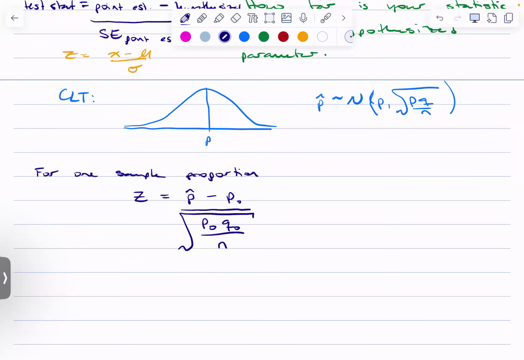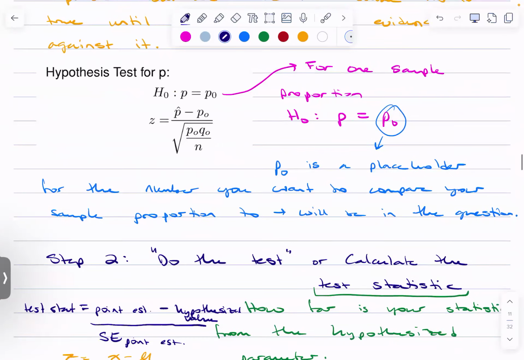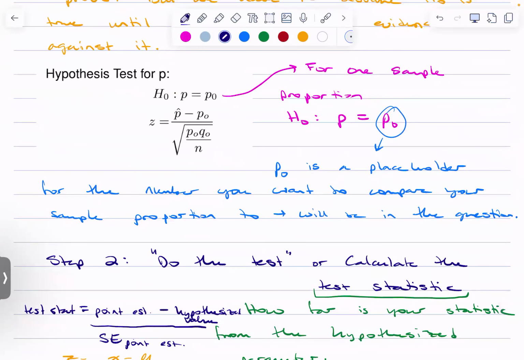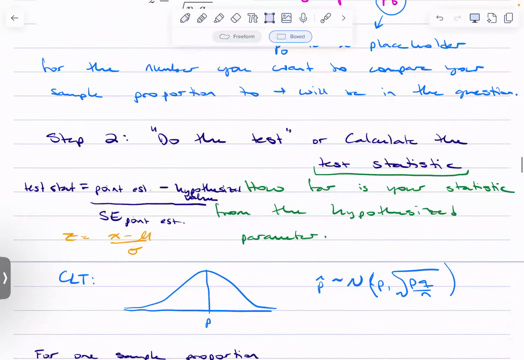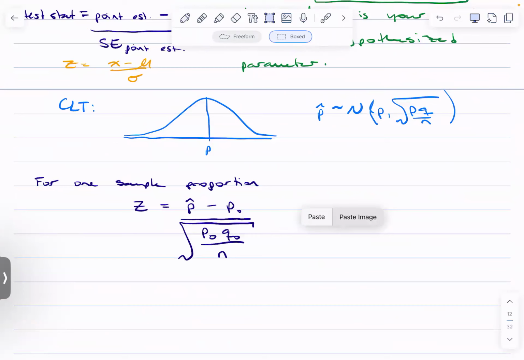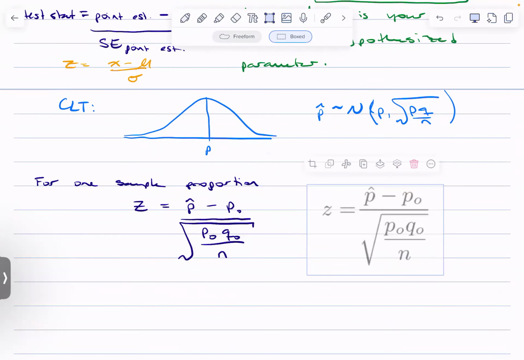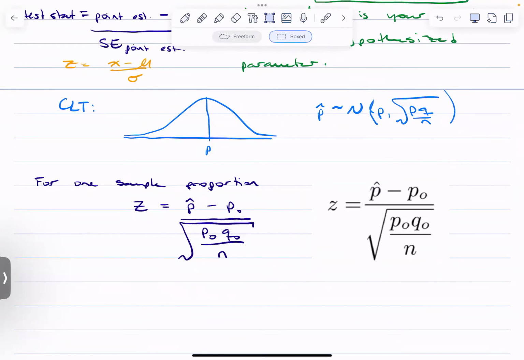I don't expect you to keep track of that. It is on your formula sheet down here, which guides you towards your second step on your hypothesis test. The first two steps will always be given on your formula sheet.